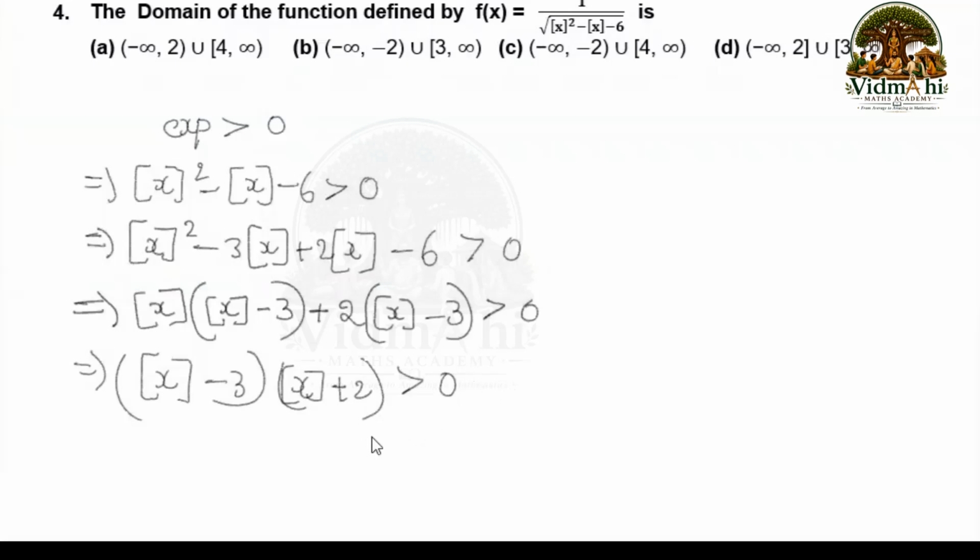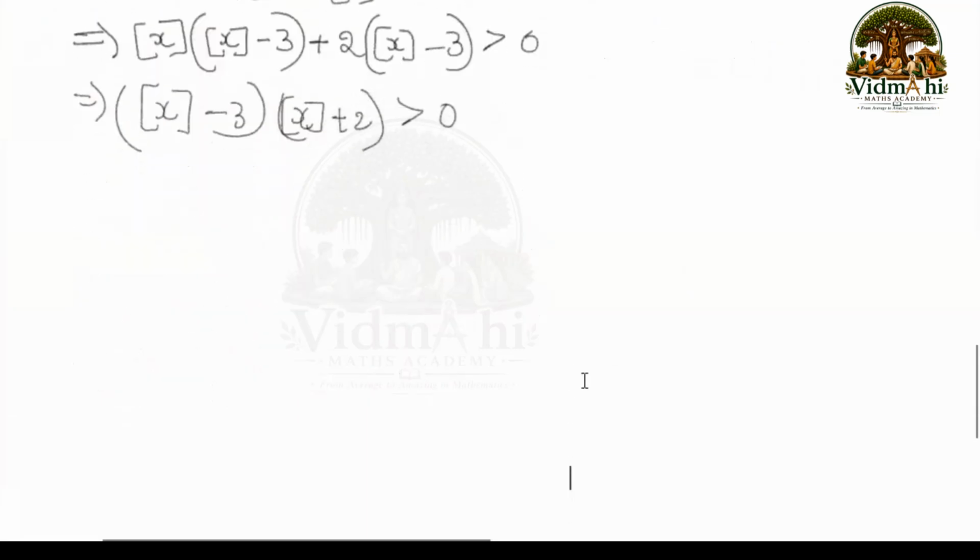Now, consider the number line. On this number line, this is minus infinity, this is plus infinity. Greatest integer equal to 3, greatest integer equal to minus 2. So, minus 2 and 3. There are three intervals: minus infinity to minus 2, minus 2 to 3, 3 to infinity.